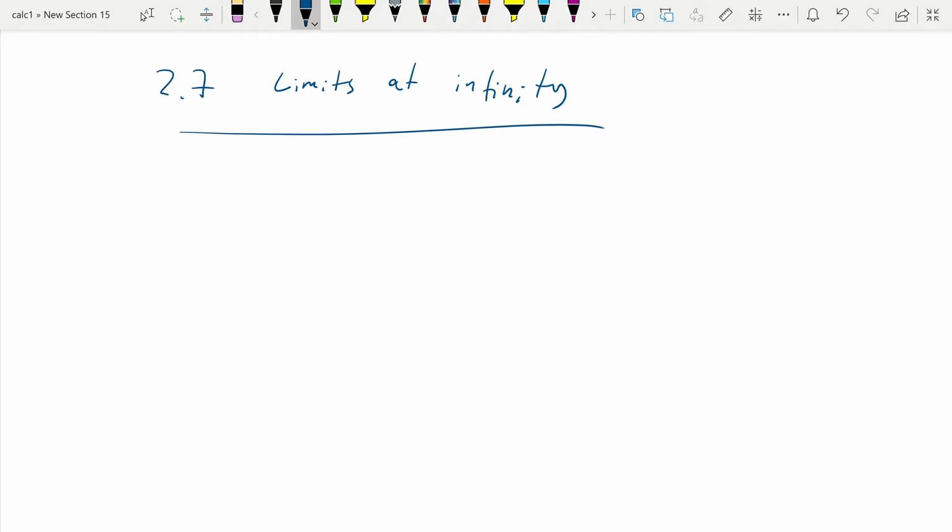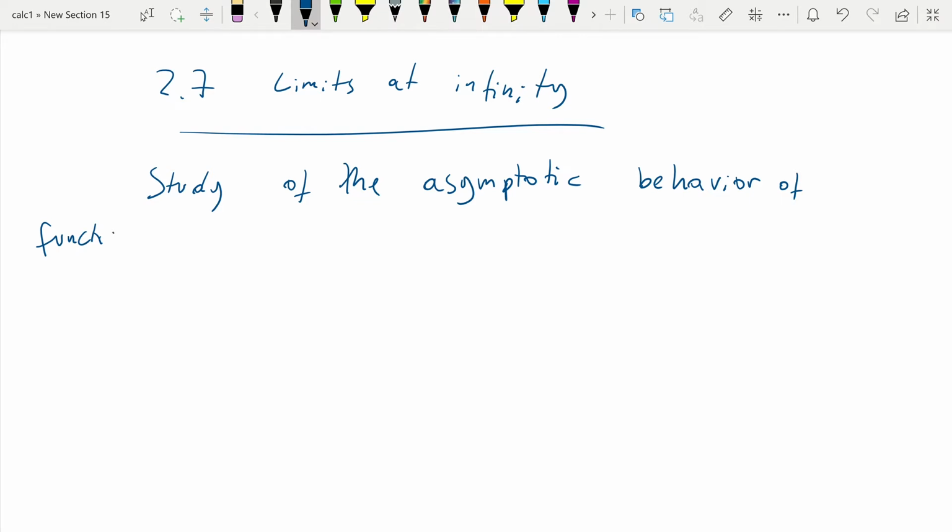So this is about studying the asymptotic behavior of functions as x approaches either minus infinity or plus infinity. So at both ends of the real line.